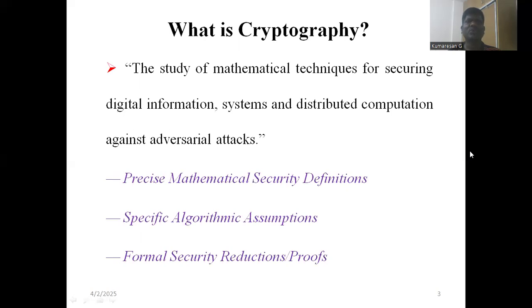Now let's see what cryptography is. Usually, cryptography is all about the study of communication between two parties, for example, sender and receiver. But the formal and popular definition is the study of mathematical techniques for securing digital information systems and distributed computation against adversarial attack.